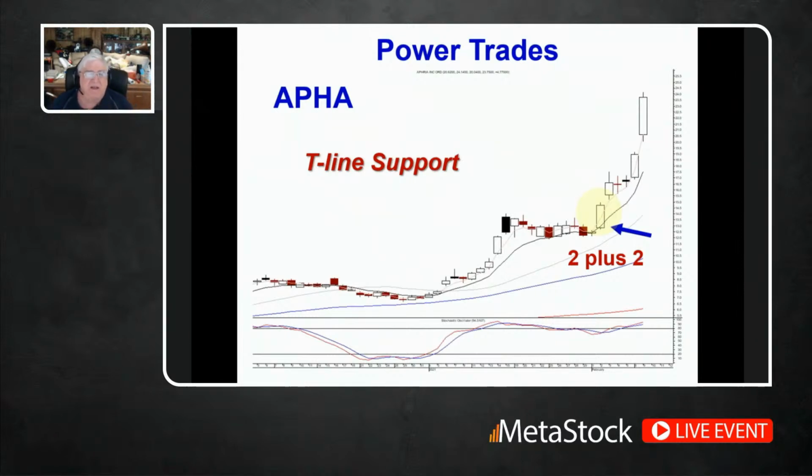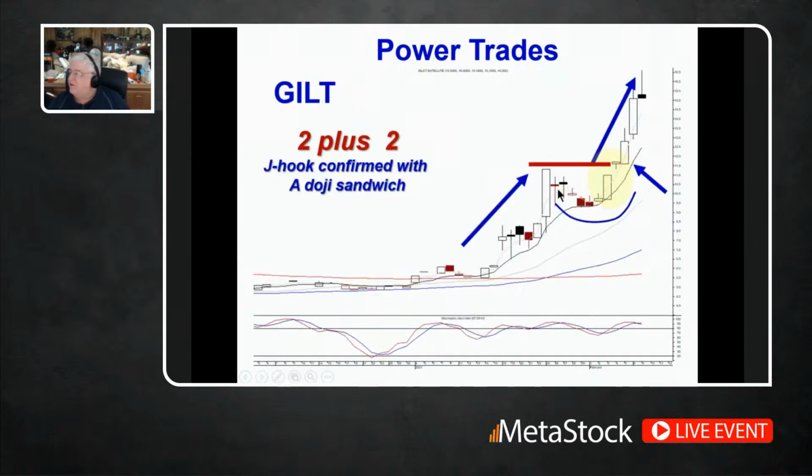Just an expression to say you're adding everything together that you can visually see here: you've got a best friend signal, couldn't close below the T line, a breakout through this level, and setting up as a J-hook pattern. The more pieces of information that you can visually recognize, the higher the probability you're recognizing a strong price move. 2+2, there's your J-hook pattern.